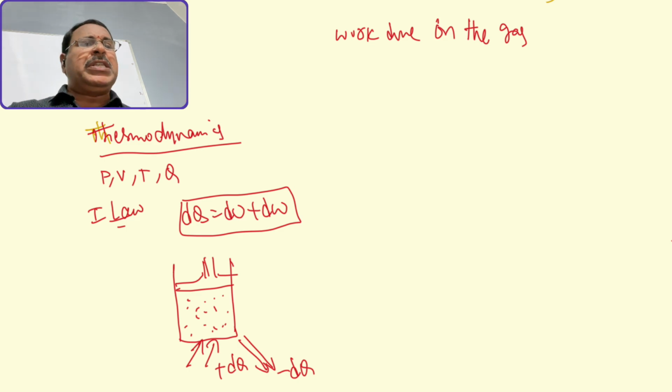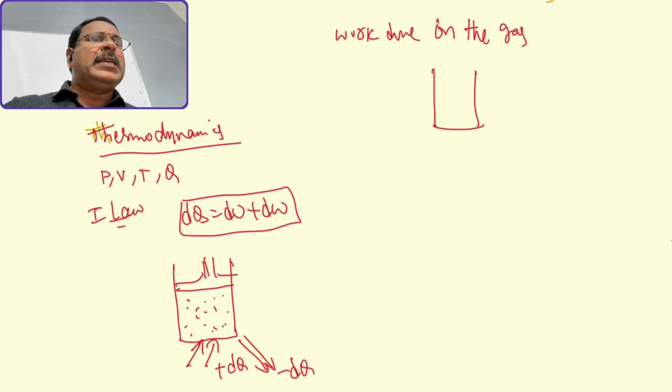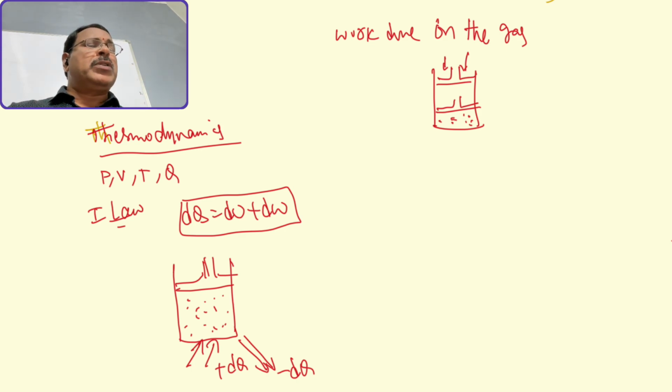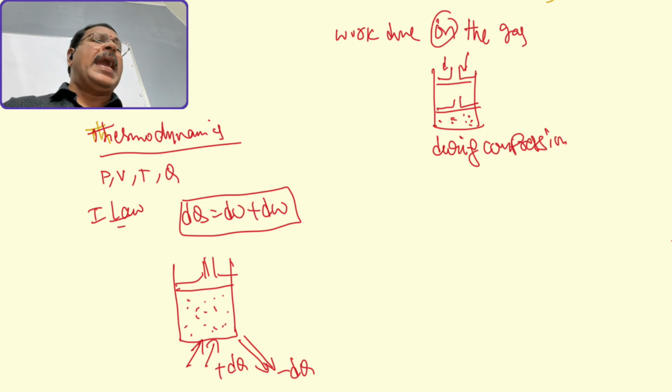Initially the piston was like this. If the piston is pressed downwards, automatically the piston comes down, then gas molecules come closer and closer. This type of process is called compression. So during compression of the gas, or work done on the gas, is negative work done.